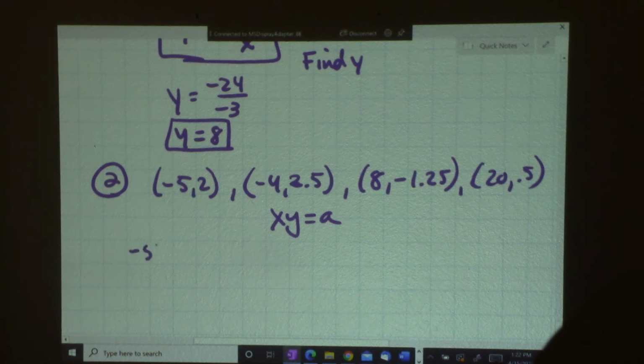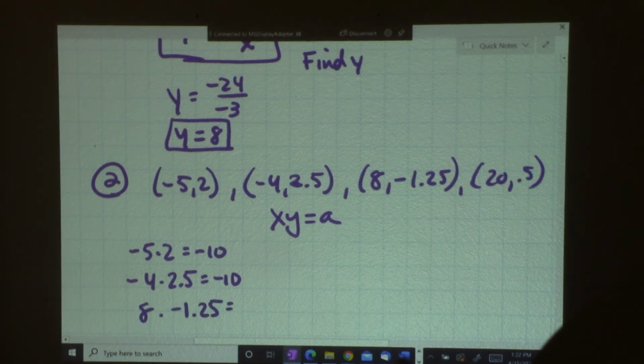So -5 times 2 is -10. -4 times 2.5, that's also -10. 8 times -1.25, that works out to be -10. Well, we're on a roll here. 20 times -0.5, and I get -10.